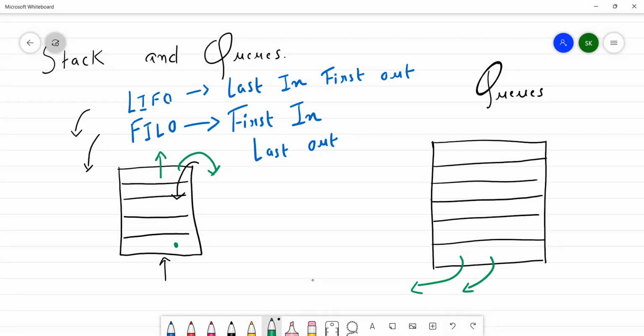The way I entered, I will take it out in the same way. That is, if I entered the first item in, then I will take out the first item first. Also, if I entered my last item at the very end, then it will be taken out at the end only. Clear? So the technique which a queue follows is known as FIFO or LILO. We can say it as first in, first out.